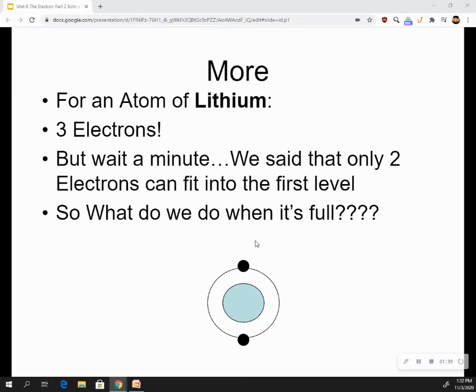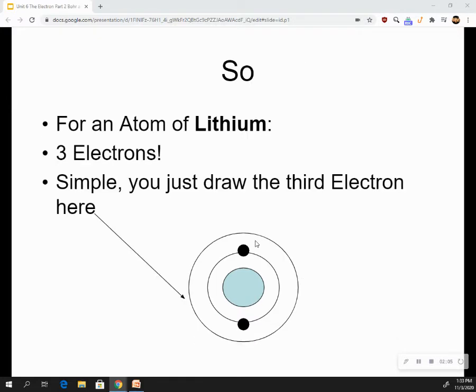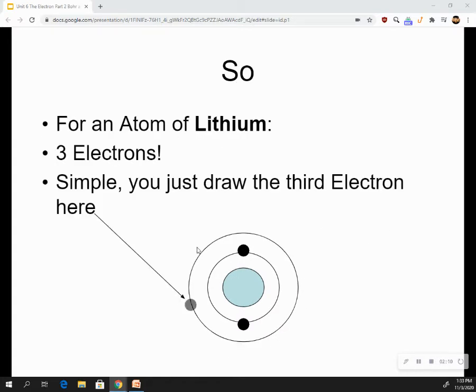Lithium. Lithium is 3. So if we go on, but wait, we know that the first energy level is only 2. So that means we need to add another energy level. By adding another energy level, we now find out that there is only 1 valence electron in lithium, because we could have up to 8, but we know there's only 1.